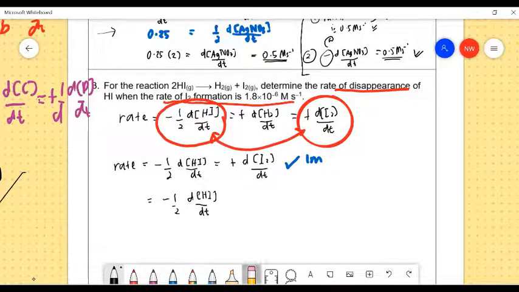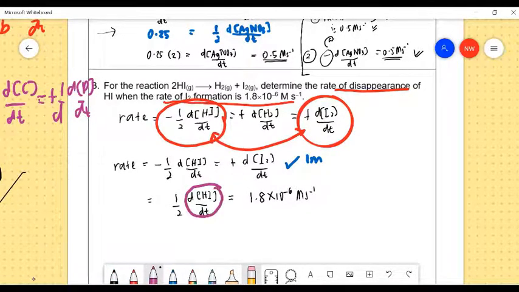Okey, jangan tulis negative sign. Ni I terlupa ni. Okey. 1/2 d[HI]/dt equal to d[I2]/dt, dia dah bagi nilai dia 1.8 kali 10^-6 M s^-1. So kita buat calculation lah sebab kita nak cari apa? Kita nak cari ni rate ini, d[HI]/dt. Therefore kita bawa 2 ke sana.